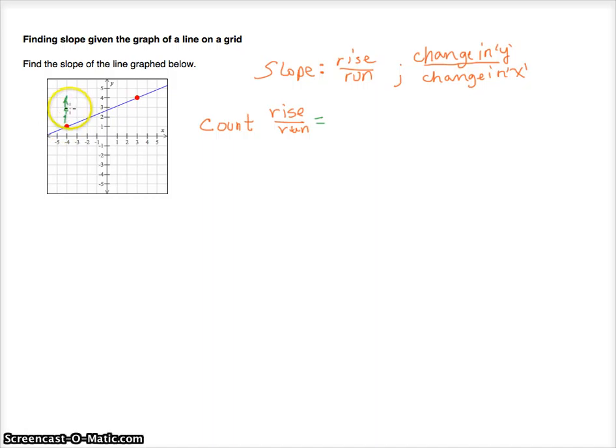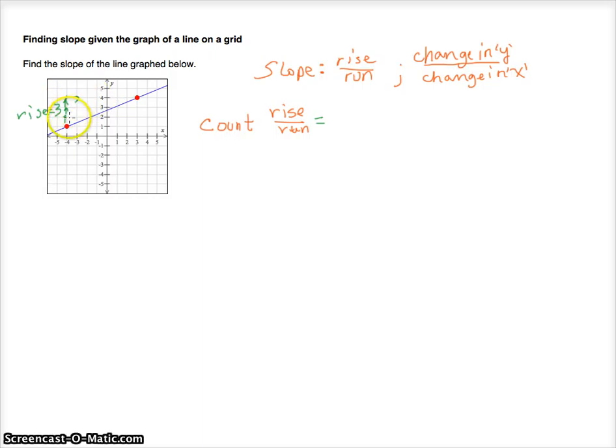So our rise was 3. Our run is going to be our difference in x values.